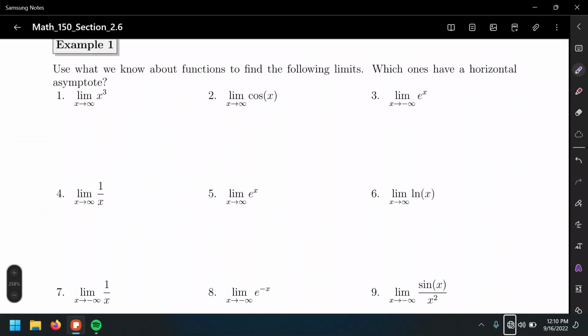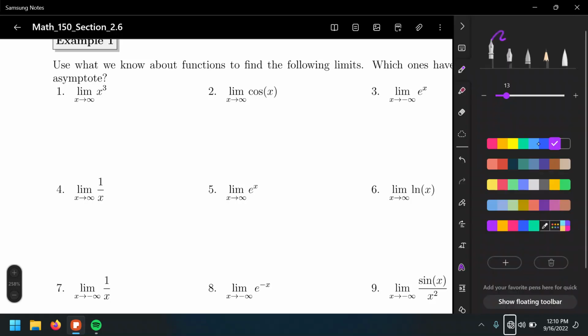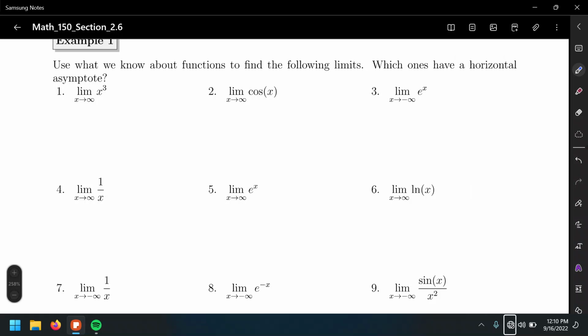Let's have a look at some of the elementary functions and find the limits at infinity, which, in other words, all we're doing is finding the location or the equation of that horizontal asymptote. Well, what do we have over here? Limit of x cubed. Does the function x cubed have any asymptotes?